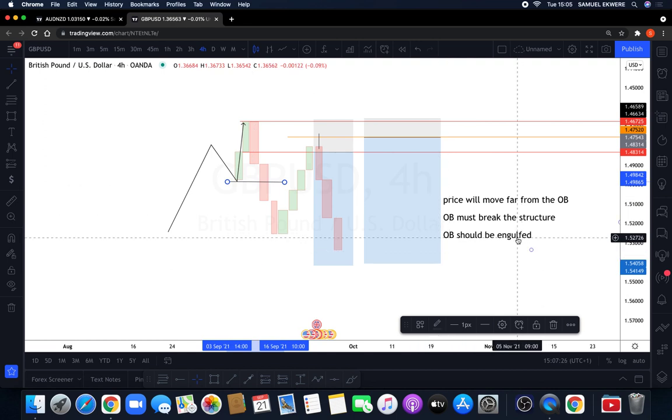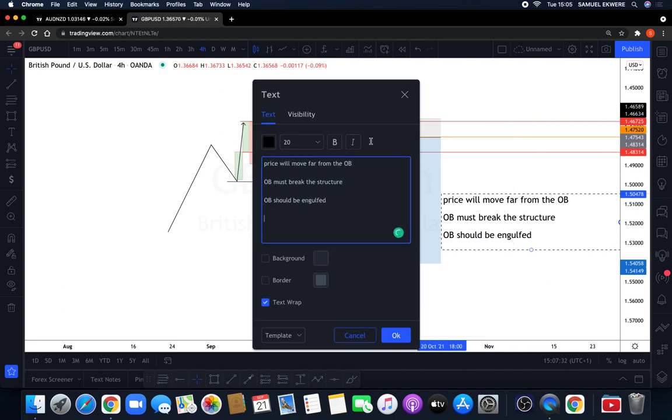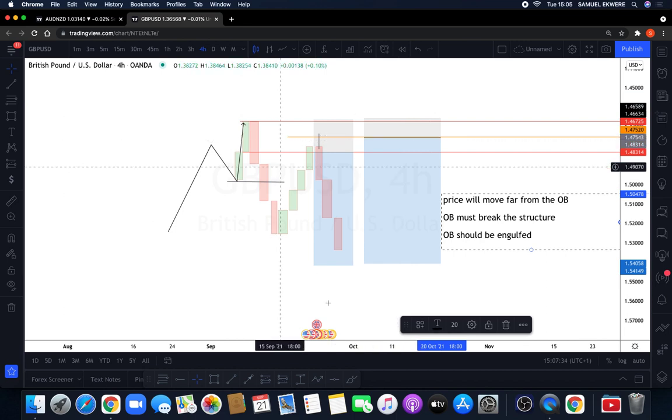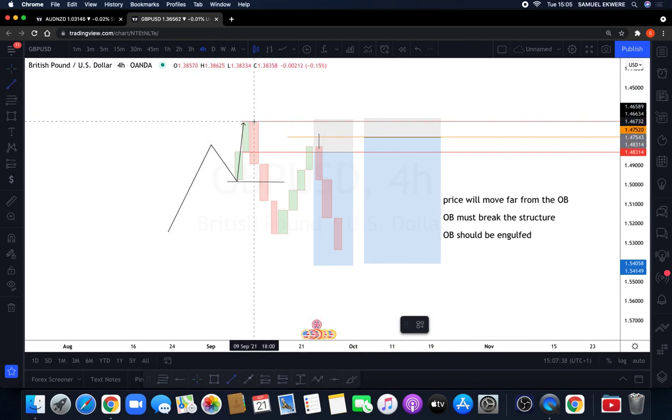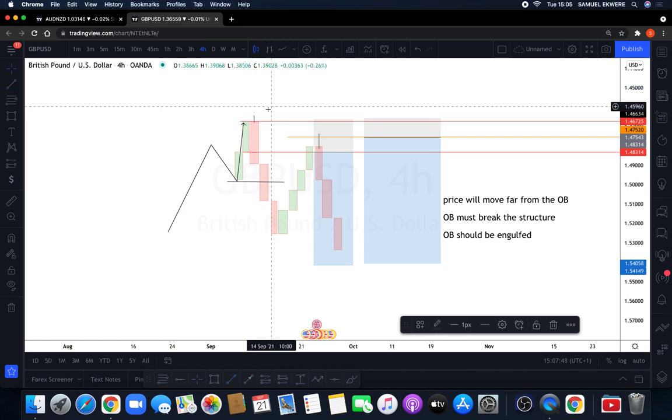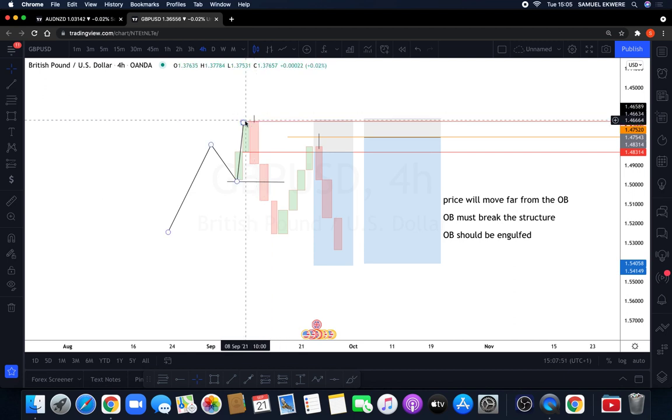Sometimes there might not be liquidity above the order block, but I'm not really going to add that. Sometimes, after seeing an order block like this, you see that the candlestick which is engulfing the order block has a little wick above that clears liquidity above the order block.